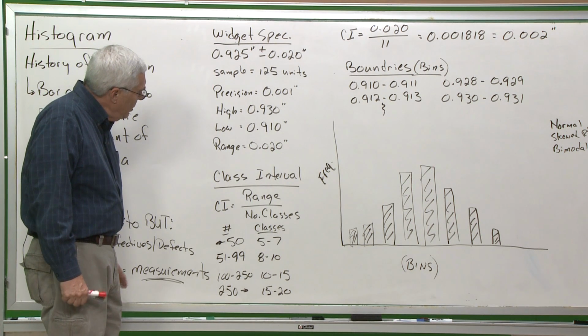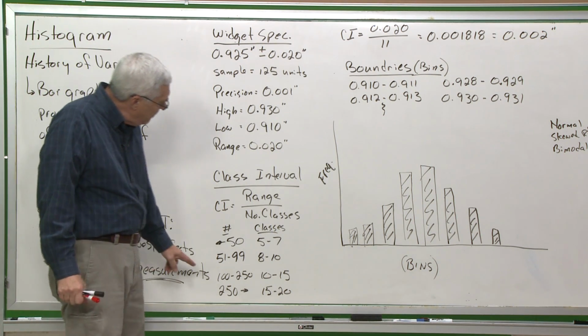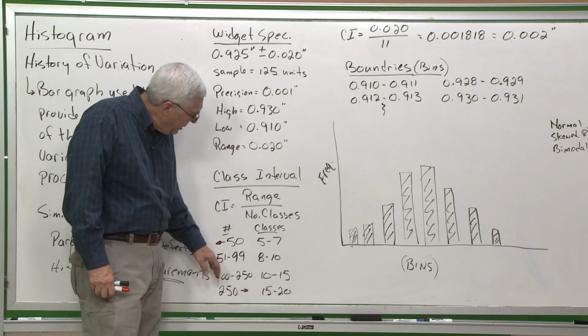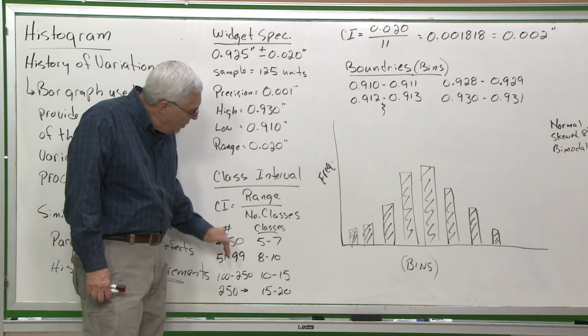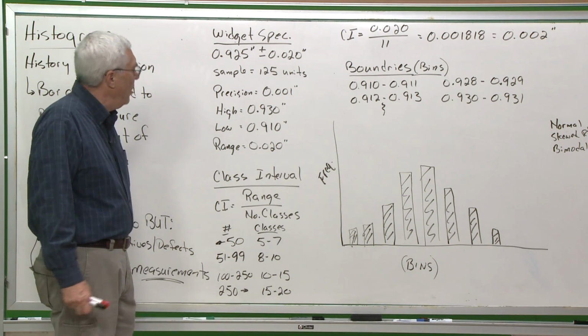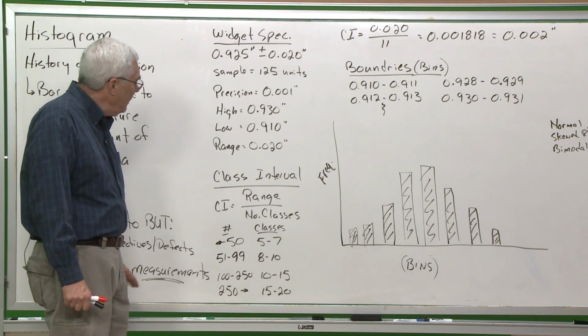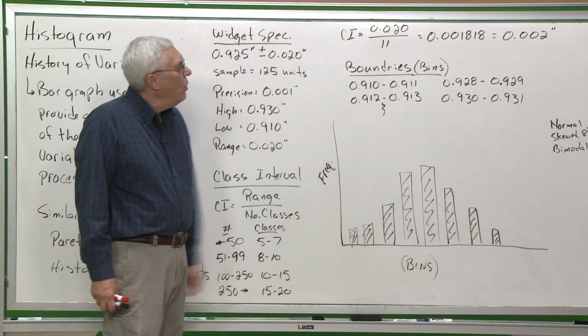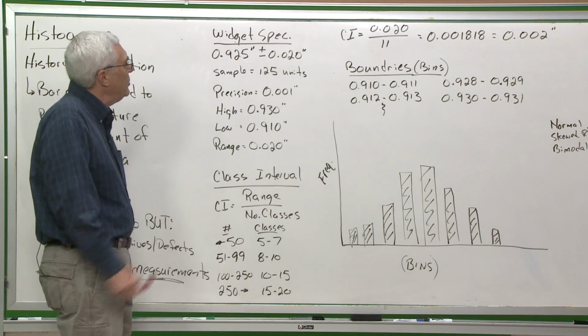So what I need to do is pick a number out of here. Well, I have 125, and I looked at this and said 11. I think I broke it down by 25s, and 11 seemed to be a good number. You pick one that's in the ballpark. So I said I'm going to go for 11 bins, or in essence, I'm going to ideally shoot to have 11 bars on my chart, 11 groups of measurements.